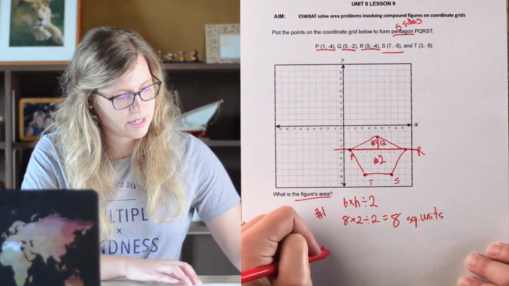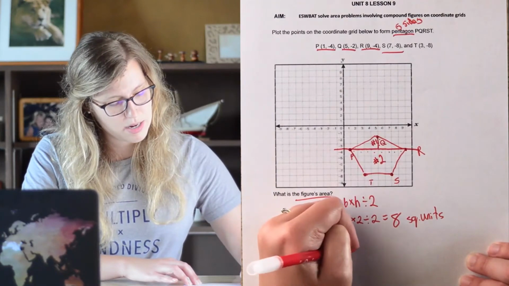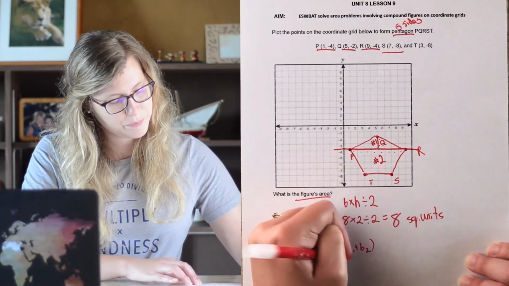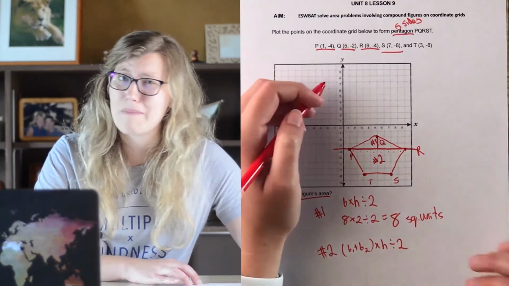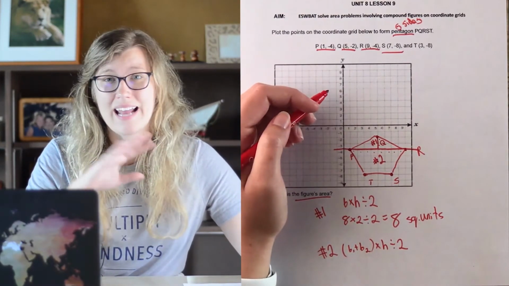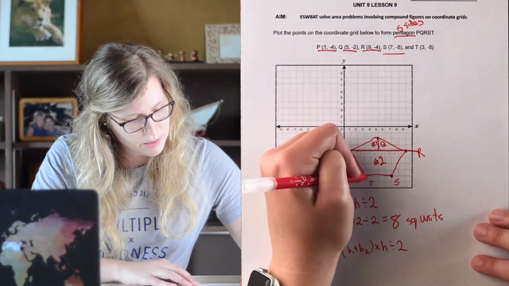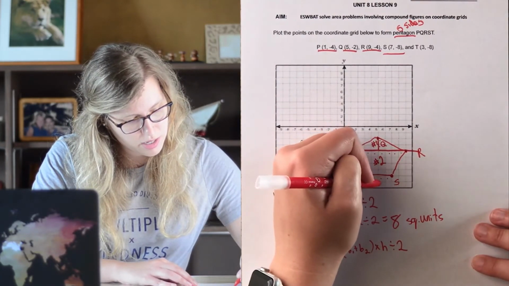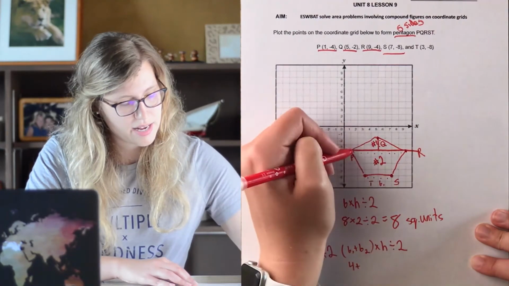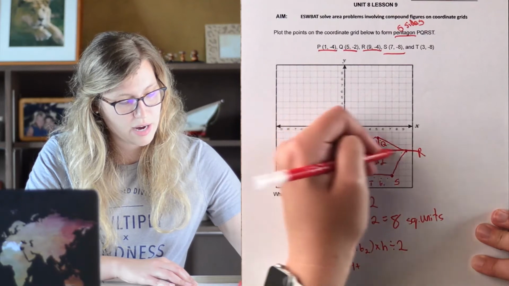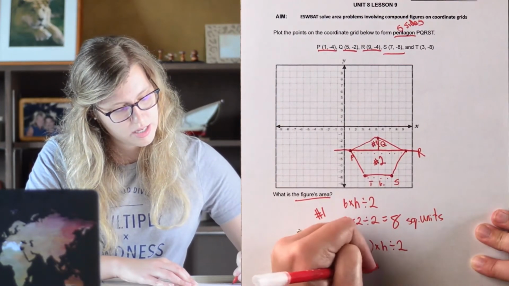Let's look at my second shape, my trapezoid. My trapezoid formula is base 1 plus base 2 times the height divided by 2. And if you don't remember these, don't worry. I have a slide that has all these formulas for you. So I have my base 1, 1, 2, 3, 4, plus my base 2. I already actually counted that one for the bottom of my triangle, my base of my triangle. So that was 8. Times my height.